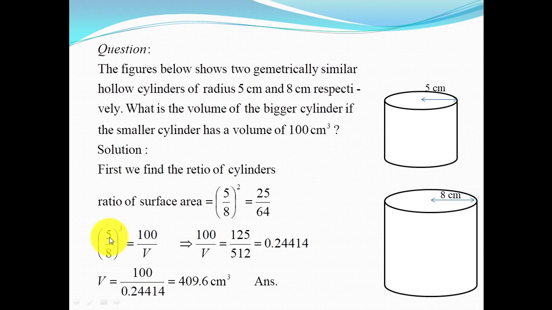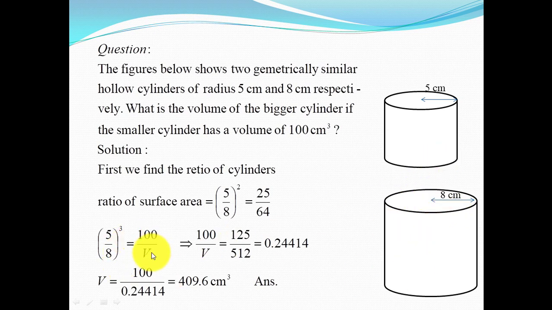Radius of the smaller cylinder divided by radius of the larger cylinder, whole to the power of 3, is equal to the volume of the lower cylinder, which is given in the statement as 100 over V. We suppose that V is the volume of the bigger cylinder.